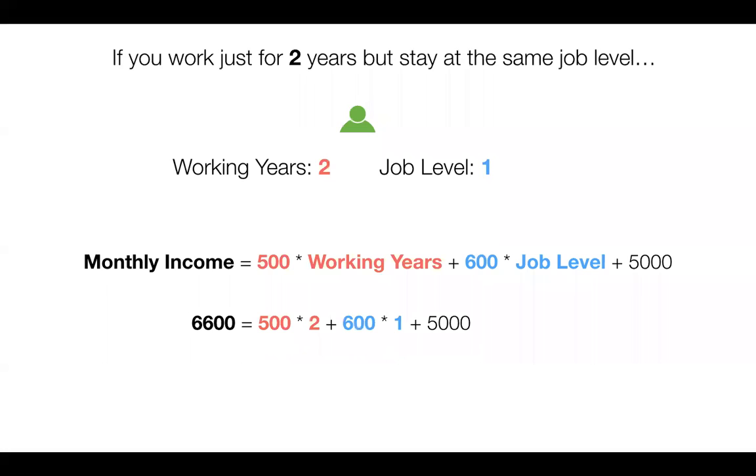But let's say you work for 2 years, but stay at the same job level. Then you put a 2 into working years instead. So the calculation becomes 500 multiplied by 2 plus 600 multiplied by 1 plus 5,000. That becomes 6,600.